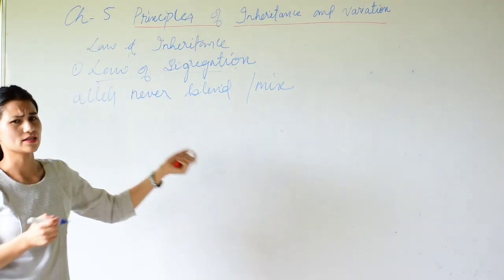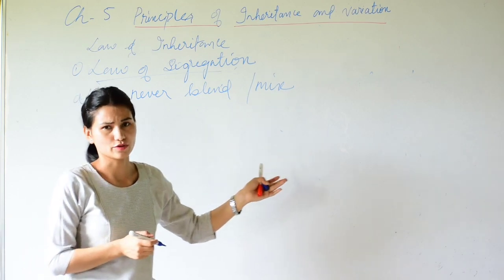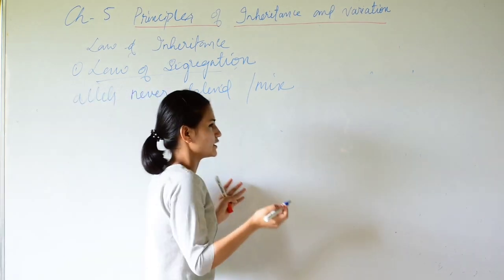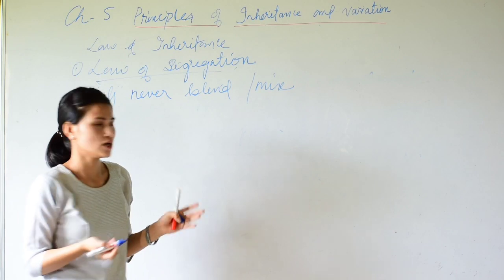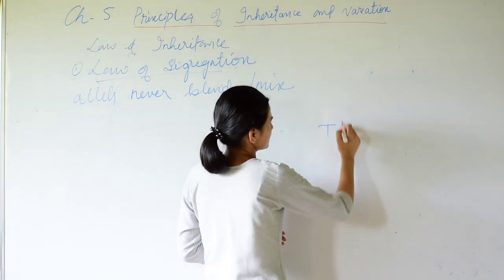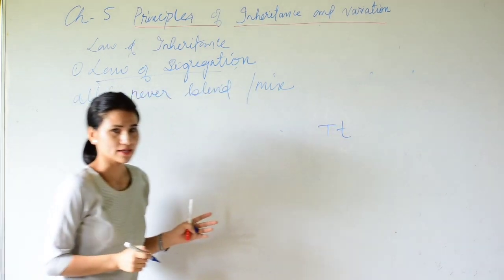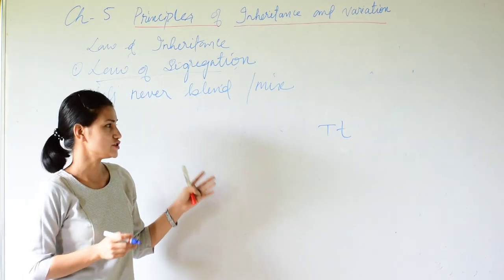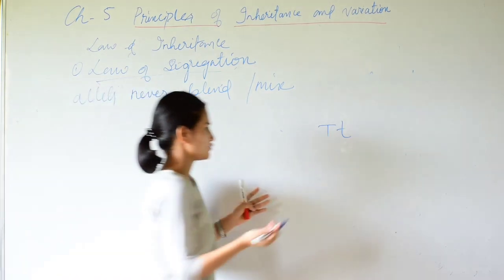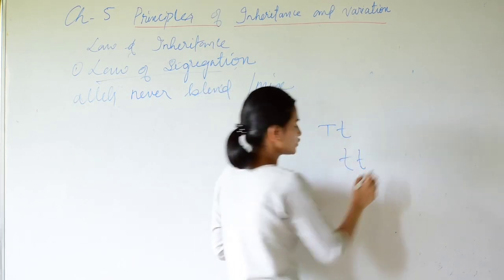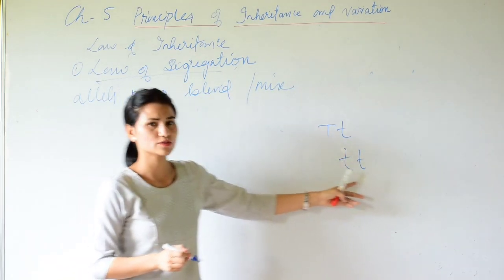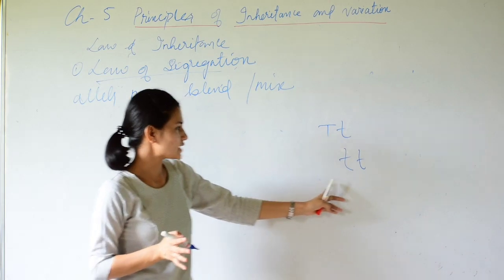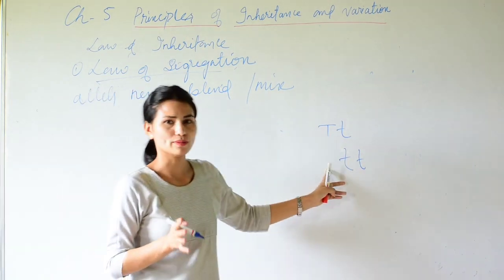Why? Because, for example, in the monohybrid cross, we have seen that in the F1 generation, all the characters appear as capital T and small t. But in the F2 generation, we found differences in the genotypic ratio. That is, we saw some dwarf characters, that is the small t at the end, which means that this allele does not blend.